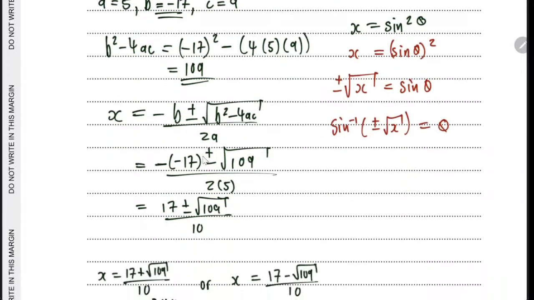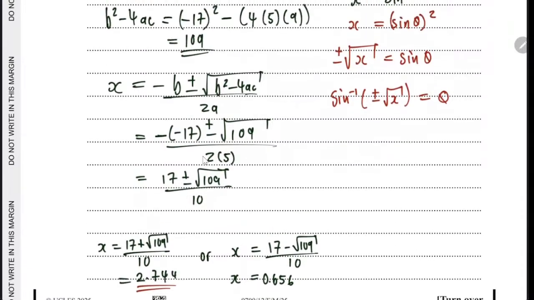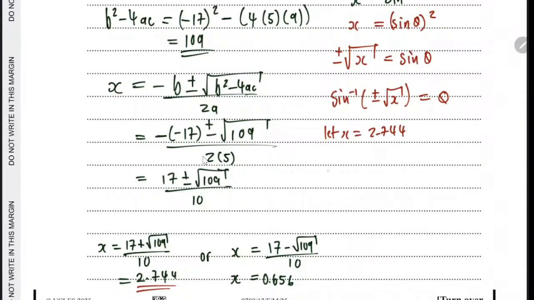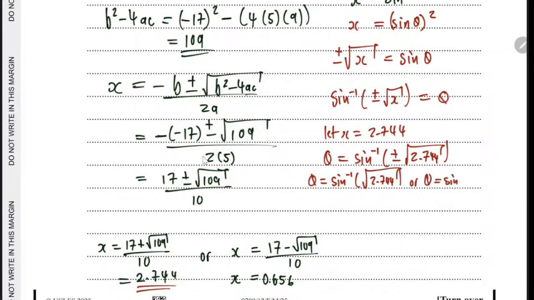So let's start with x 2.744. So let x be 2.744. That means you can say theta is equal to sine inverse plus or minus root of 2.744, which means theta is equal to sine inverse root of 2.744, or theta is equal to sine inverse negative root of 2.744.